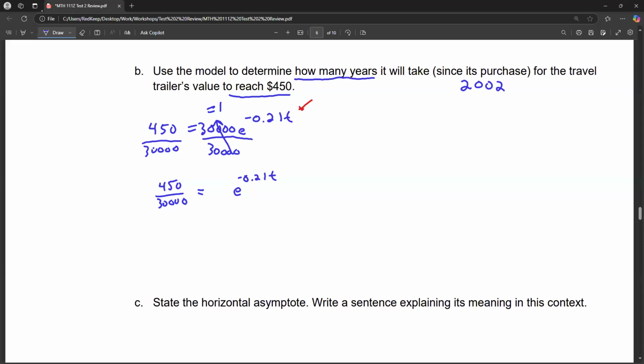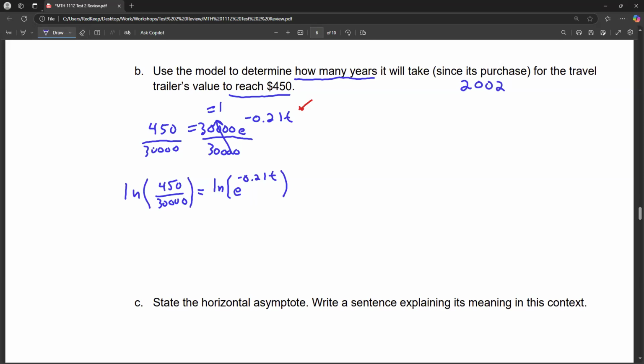Okay, and so we still need to get access to that t. We're going to take the log of both sides. Because there's an e represented here, it's advantageous for us to use the natural log, and you'll see why in just a second. If I take the natural log of one side of this equation, I have to take the natural log of both sides, right?